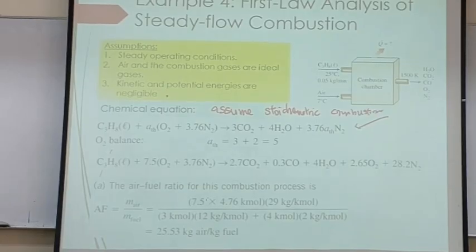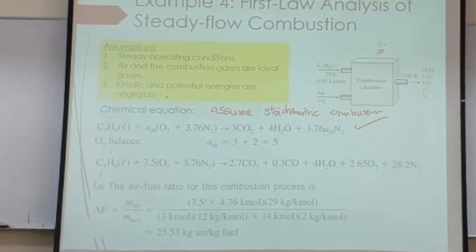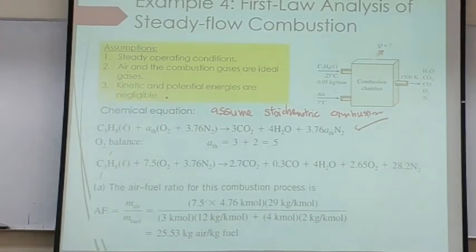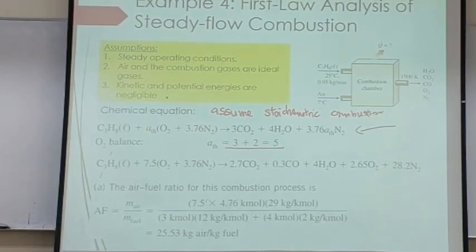So you assume that at the exit you have a complete combustion, there is no excess air. In the most ideal case, no extra air, exact amount, complete combustion, you will always get CO2, H2O, and N2, just like this one. From here, you find out the stoichiometric amount first, or the theoretical air.